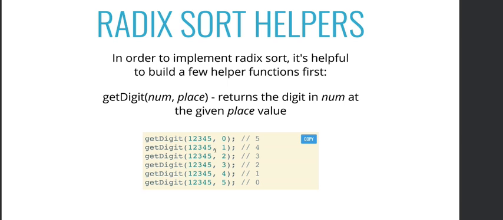2 strategies. You can convert to a string, and then use the correct index to access the number you want, and then convert it back to a number. The only problem is that, as I already mentioned, the strings are indexed from the left side, so if somebody asks for position 0 of this, if you convert to a string and you get 0, well, that's going to be the complete wrong side.